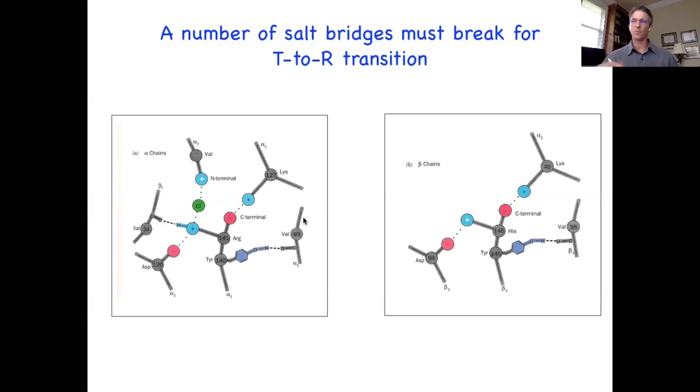And they're essential because this is what's paying the energetic price of pulling the F helix back and pulling that proximal histidine part of the way back and doming up the heme, right? It's all stabilized by this set of salt bridges and hydrogen bonding interactions, as well as some other packing interactions around the heme, but this is a big part of it. In addition, some of these key hydrogen bonds are a major explanation, as they change, for the Bohr effect. Interestingly enough, you should think about that.